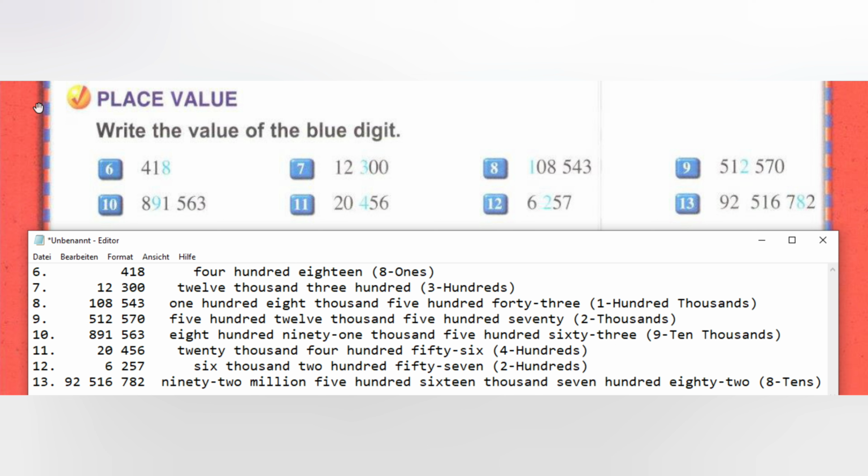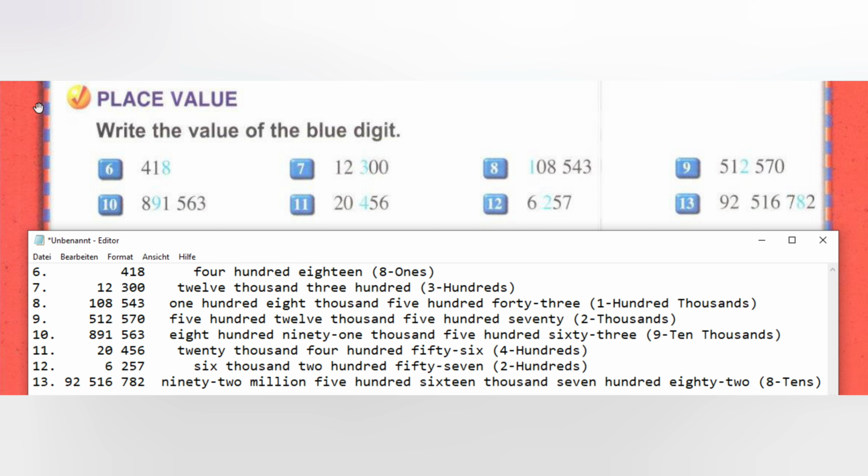Task number 10, 891,563, the digit 9, it means 90,000. 11 task, 20,456, digit 4 is at the place of hundreds. The next, number 12, is a number 6,257. Blue digit is 2, and is a place of 200, hundreds.